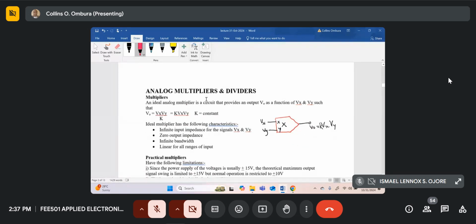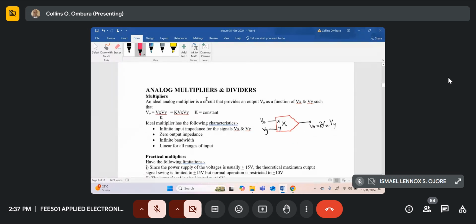So the next topic is the analog multipliers and dividers. But the crux of this topic will be analog multipliers, because the dividers are just derived from the analog multiplier.